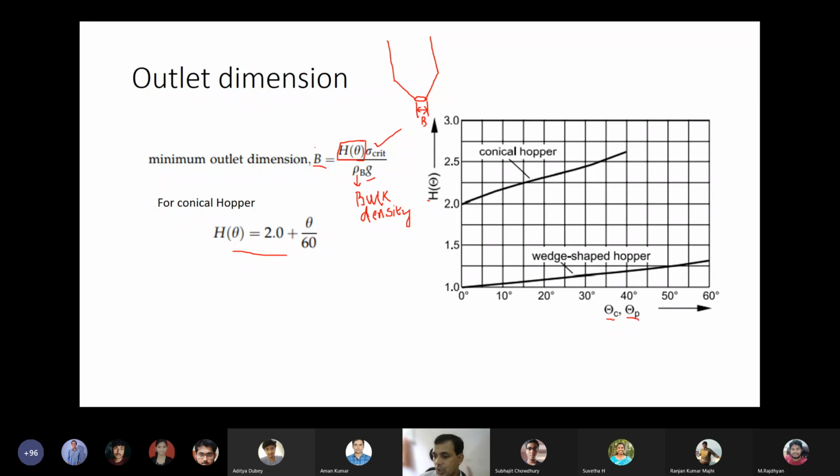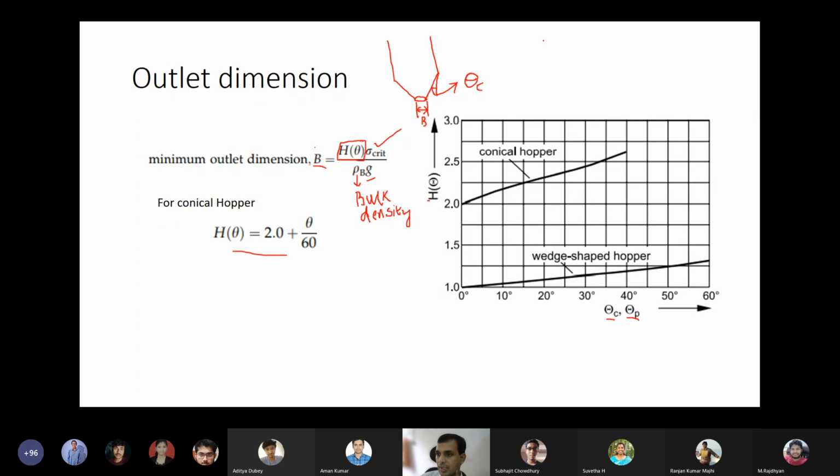Theta C is for the conical hopper angle. This is the theta C angle of this hopper. Theta P is the angle of a wedge-shaped hopper. Okay, don't get confused. Theta C is for the angle of the conical hopper. Wedge-shaped hopper is theta P.